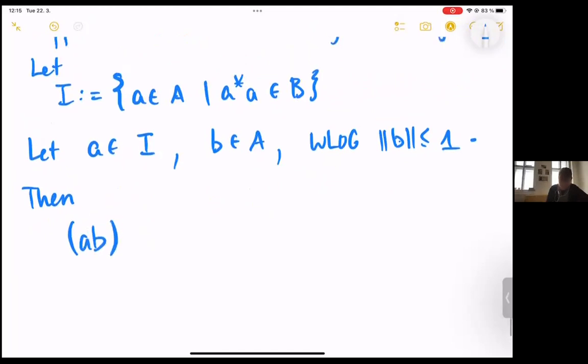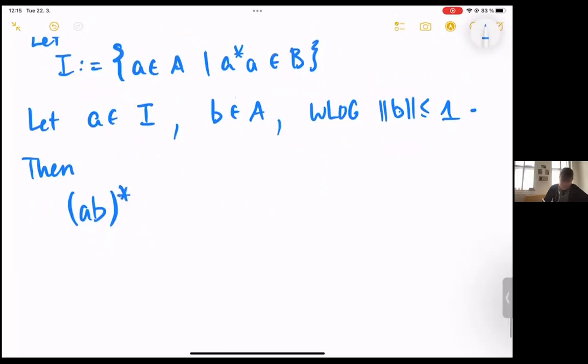So we want to show that ab is in I, which means that we have to show that (ab) star ab is in B. So what is this? That's b star a star a b.